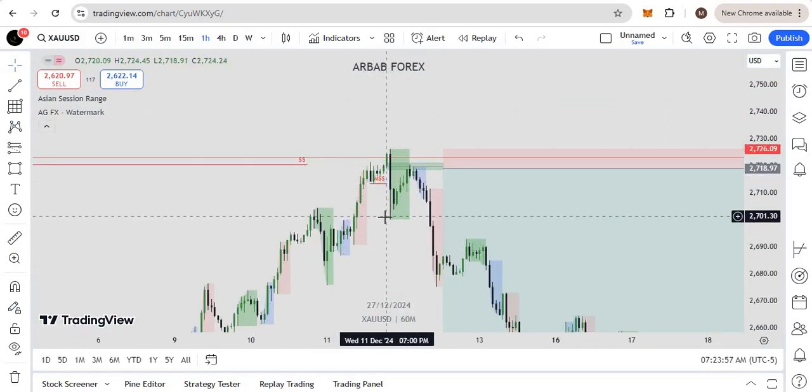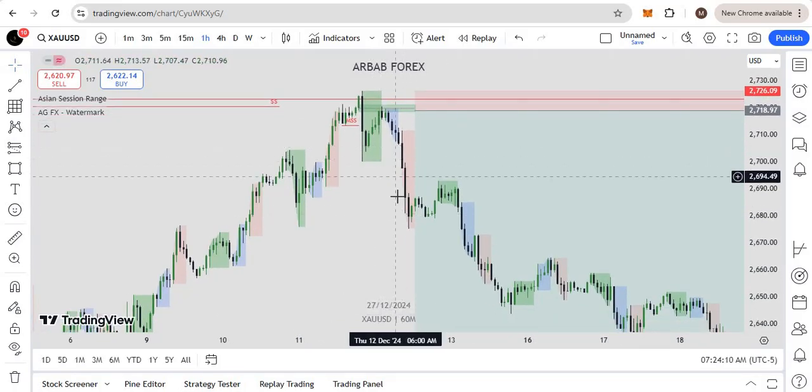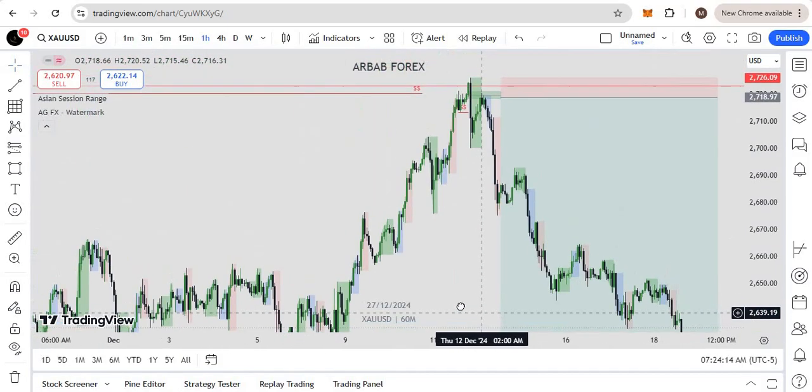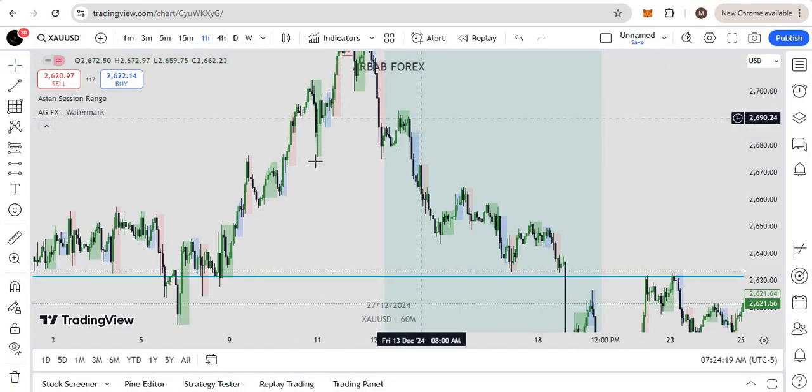As you can see, we have this market structure shift, okay, we have this fair value gap or block, right? And from there, until you reach the objective, you can scale more trades along the way, like this fair value gap, this breaker, right?